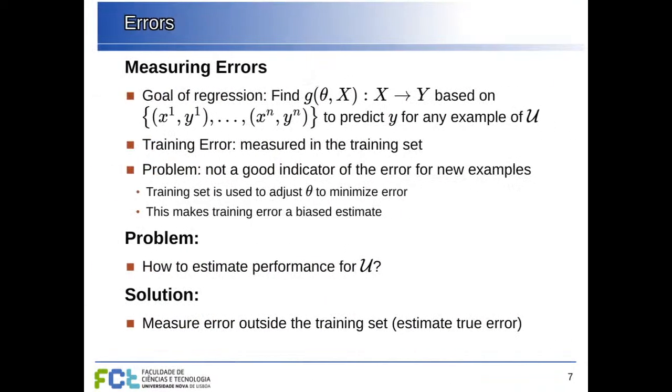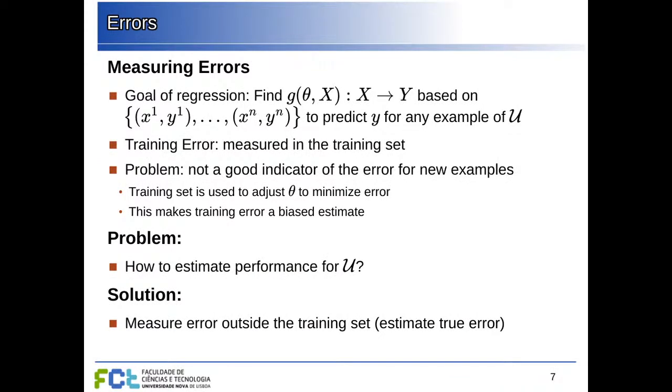So let's see what we can do first to try to estimate how well our hypothesis is performing outside the training set. Last week we saw regression as obtaining the parameters by minimizing the error on the training set, a set of data that we're going to use to adjust the parameters of the models. So the parameters will always be adjusted using that training set.